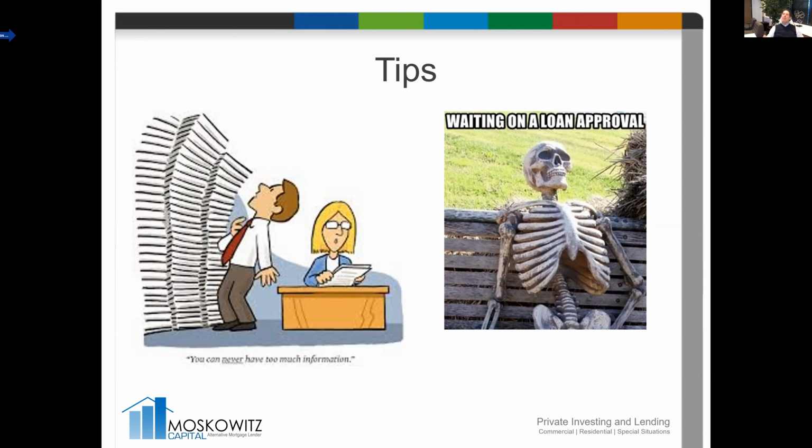But guys, send me a one-page summary in an email, and you pick up the phone, call Brian, Eugene, Melina, whatever team member you like, and talk about your deal, and I can give you an immediate reaction. Yes, this is something we're interested in, and here's kind of the pricing. These are the things that you need and the things that we want to see.